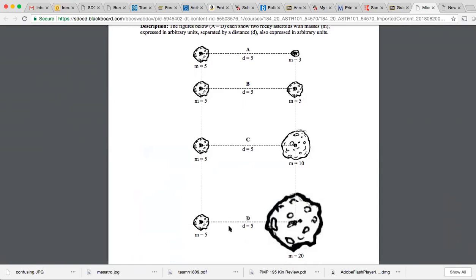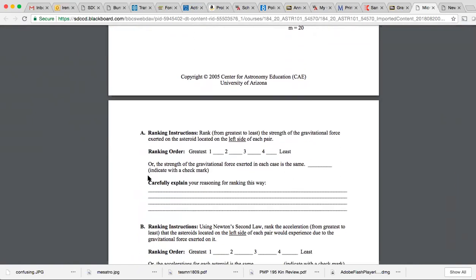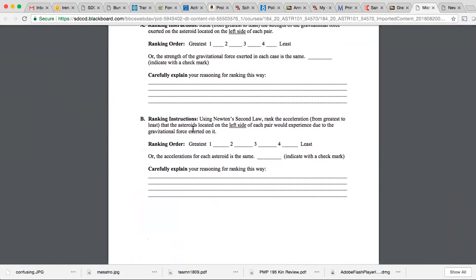But this force is greater than the force in the pair C, simply because there is more mass in this pair. As you can see, A, B, C, D, all of these pairs are at the same distance, but in this pair we have the greatest amount of mass. So the force will be greatest in this pair. Okay, got it.